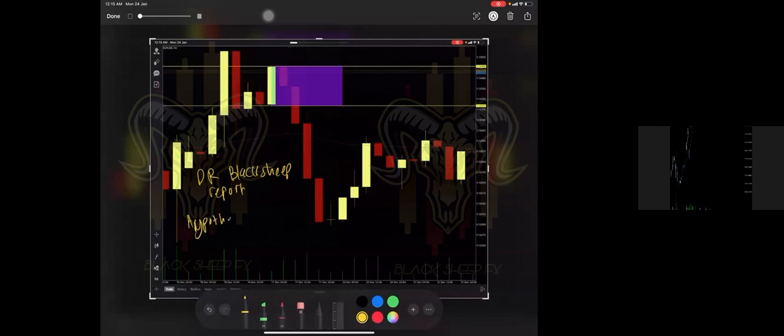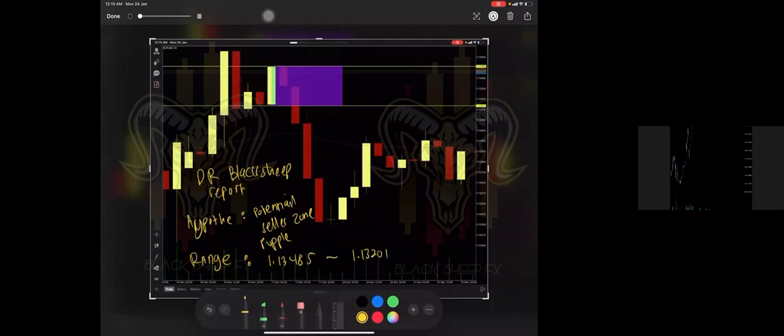Hypothesis. Potential seller zone. Upper box range. Remember, the range is our constant variable. 1.13485 till 1.13210.